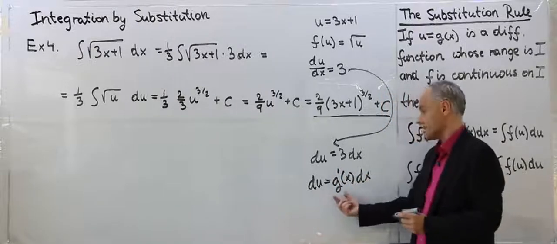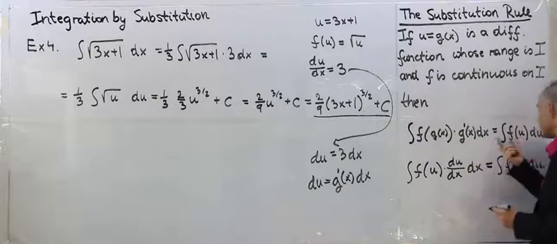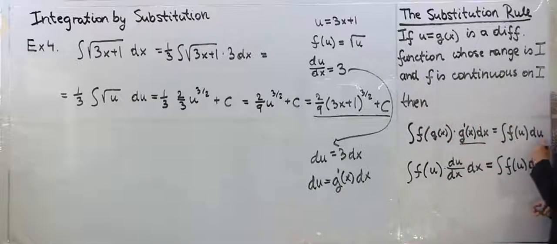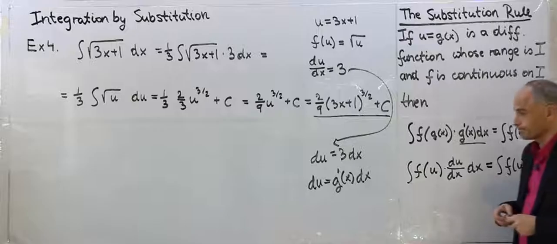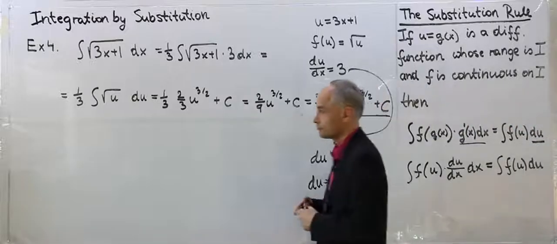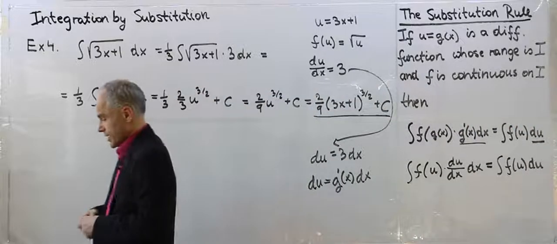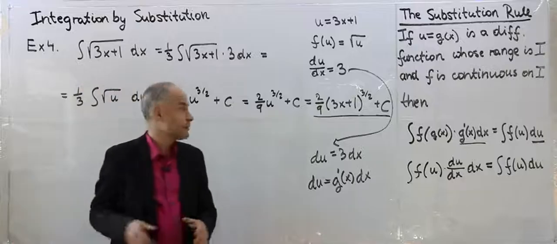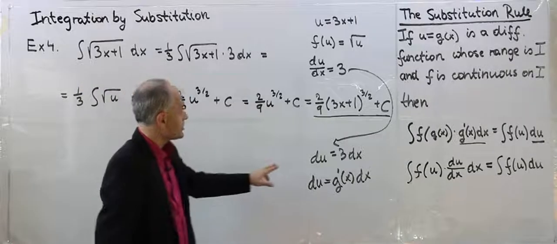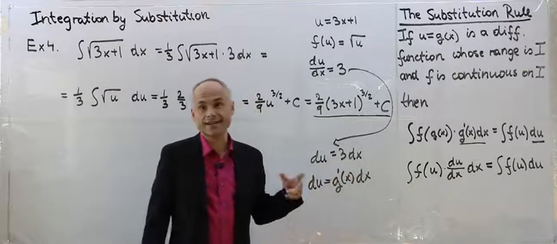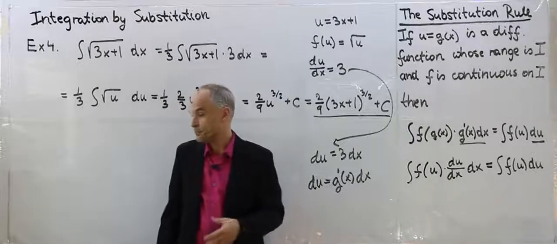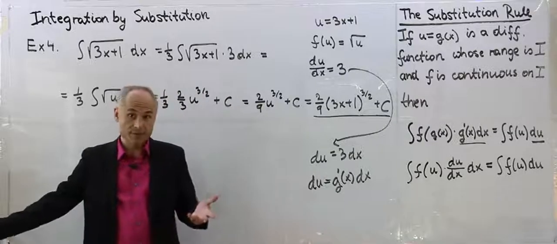Again, the reason why this makes sense is because of the substitution rule. Let me illustrate one more example where I will treat du and dx as if they were variables.